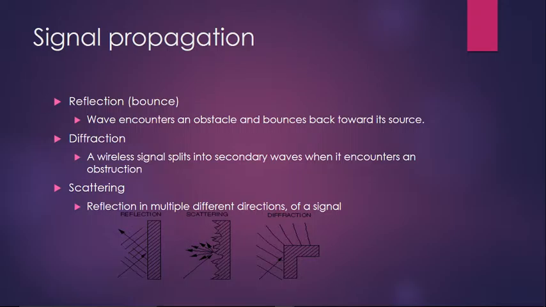Diffraction splits into secondary waves when it encounters an obstruction. In the middle picture down there, it shows it splitting into multiple different waves, and then scattering the reflection in multiple different directions as a signal.